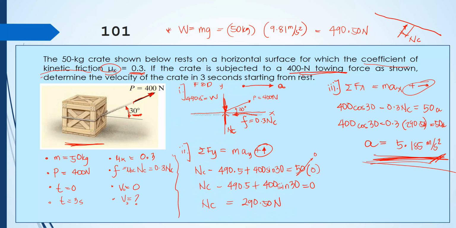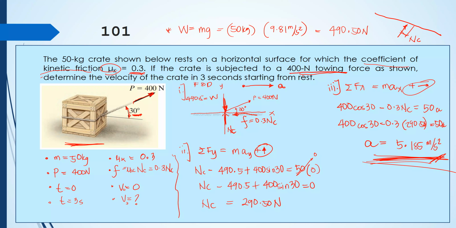Now, first we wrote down the given items, and then we determined what is being asked. And then afterwards, we drew the free body diagram of the forces acting on our crate or the object. So we have the weight of the crate, so don't forget that one.